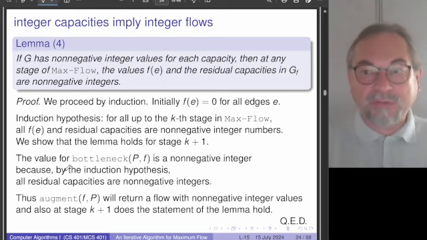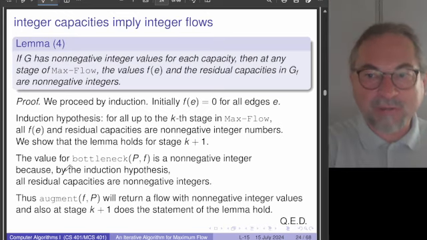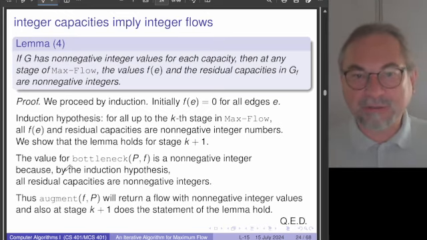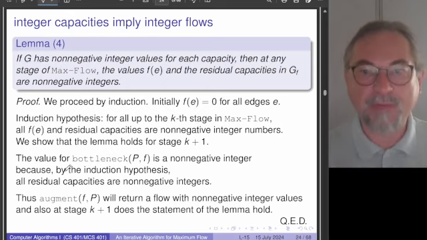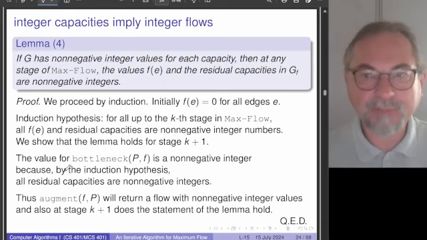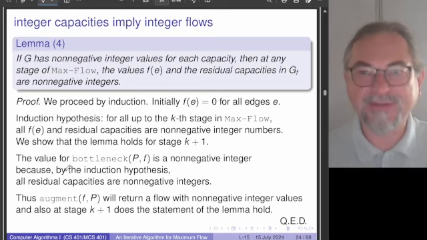So we have this verified in going from one stage to the other stage that on the new flow everything will remain integer. Integer capacities imply integer flows is the summary of this reasoning.